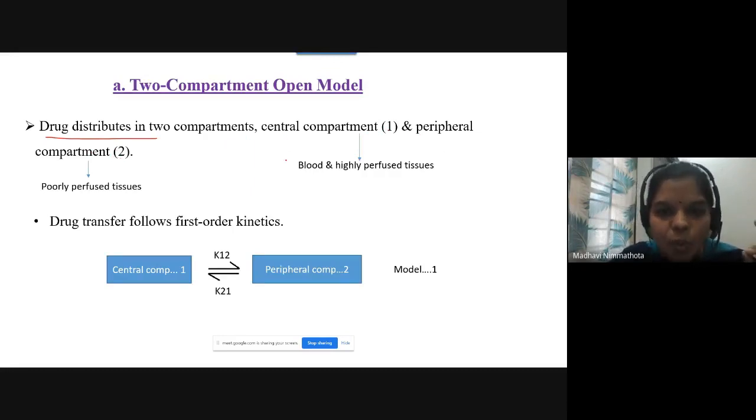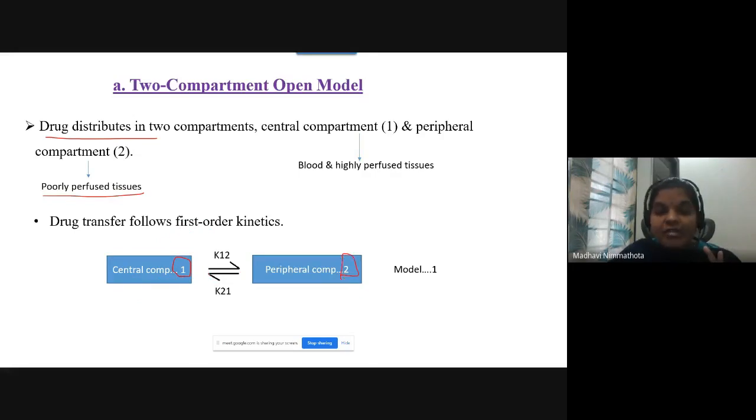In the central compartment, which type of tissues are there? Blood and highly perfused tissues. And in the peripheral compartment, you have poorly perfused tissues, right? So how will the drug transfer happen in this two compartmental open model? We are assuming the central compartment as 1 and the peripheral compartment as 2.